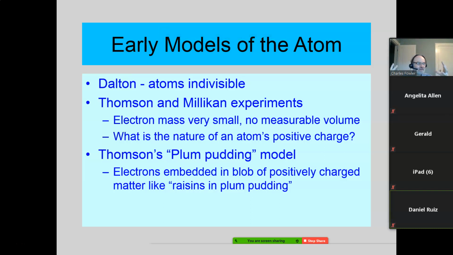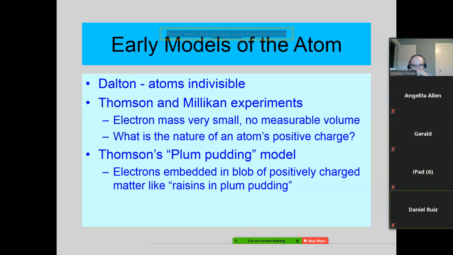You have the bulk of the pudding there, and then the little pieces of plum scattered throughout the mass of that pudding. So he was picturing the electrons as these little bitty pieces of plums or raisins in a blob of positively charged matter, like raisins in a plum pudding.